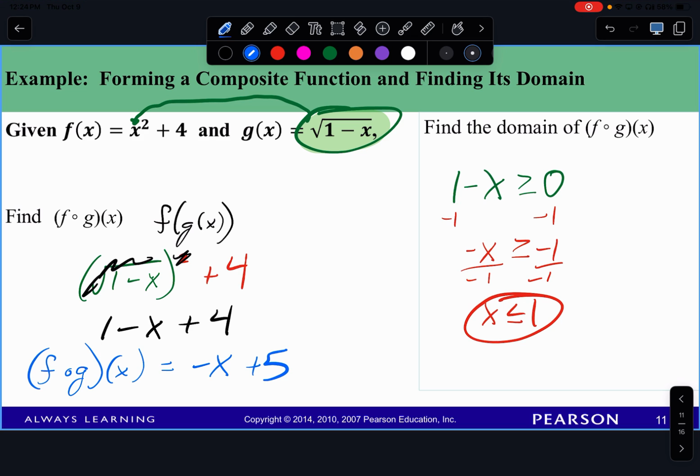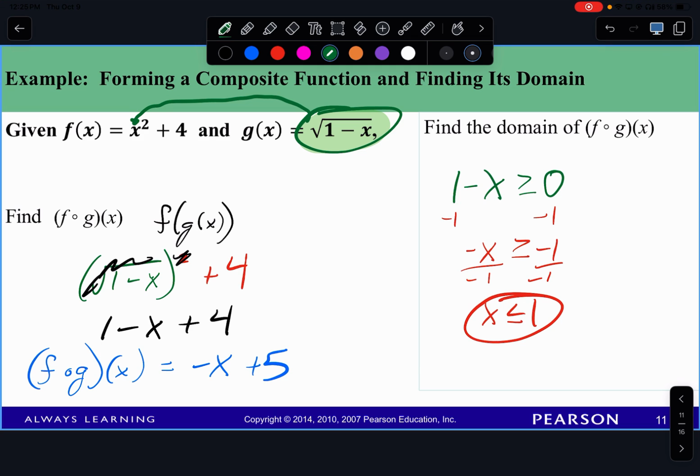Now let's write our domain. We figured out the blue doesn't have any limitations, so the only limit we have was our original function, g of x. So now let's write this in interval notation. Can it be negative infinity? X can be less than 1. So could it be negative 75? Is that less than 1? Yep. Could it be negative 7,482,000? Yep.